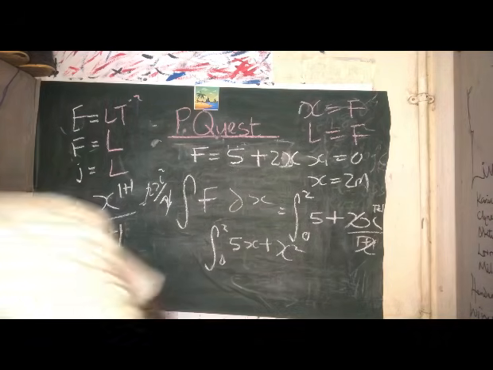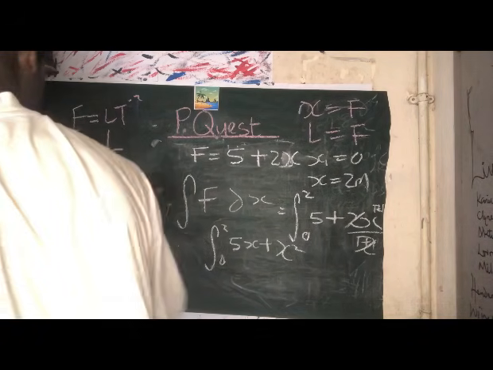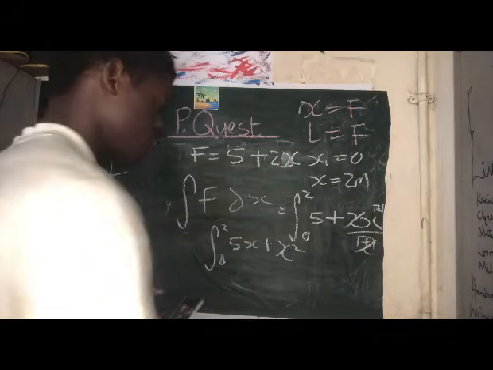That's how we got x squared. So that will be 5x plus x squared.